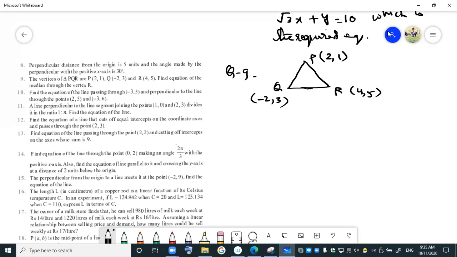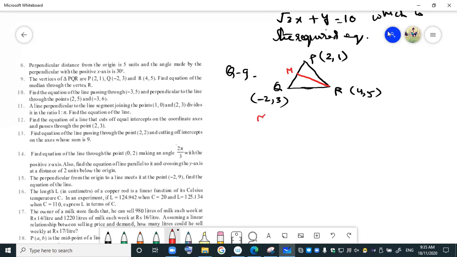Find the equation of the median through the vertex R. From the vertex R, if you draw a median, this is the median which will be drawn from R. The median goes to the midpoint. We can call it M. So we have to find the coordinates of the midpoint.